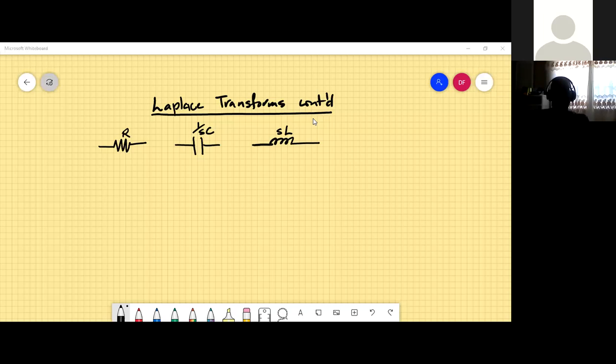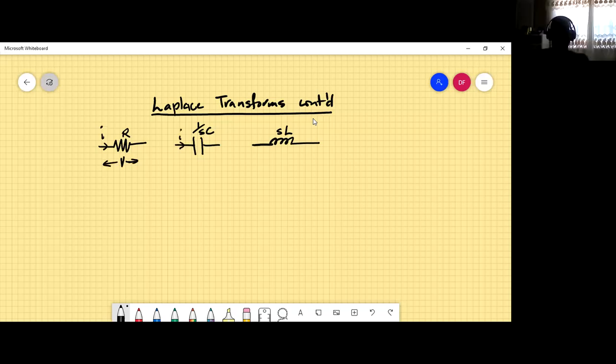So the current voltage relationship was what we established last time, within the domain of Laplace transform. So we want to establish a few things.